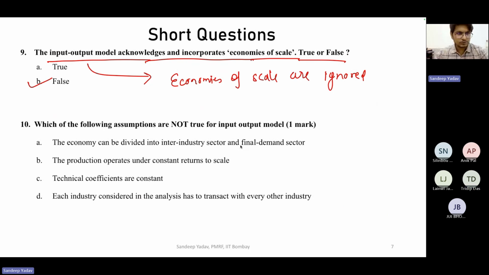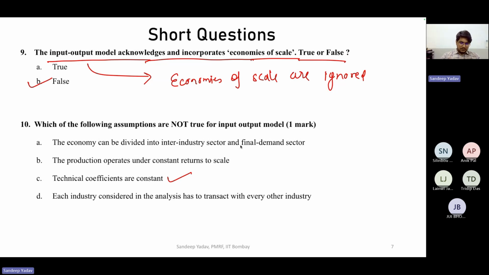So now moving to question number 10, which of the following assumptions are not true for the input output model? The economy can be divided into inter industry sector and final demand sector. The production operates under constant returns to scale. Technical coefficients are constant. Yes, this statement is true. Each industry considered in this analysis has to transact with every other industry.